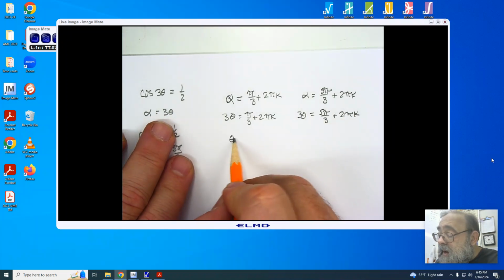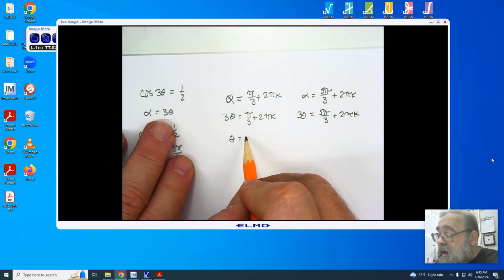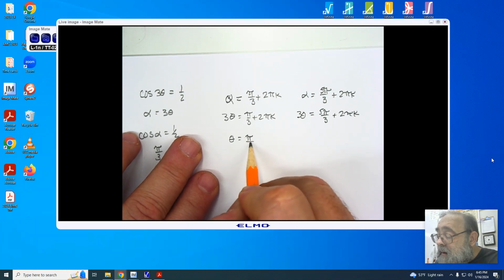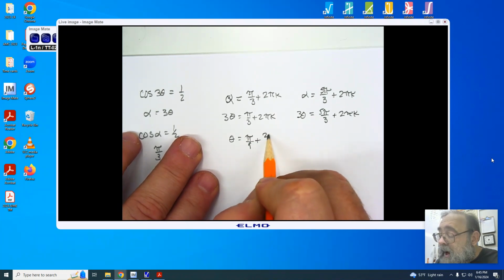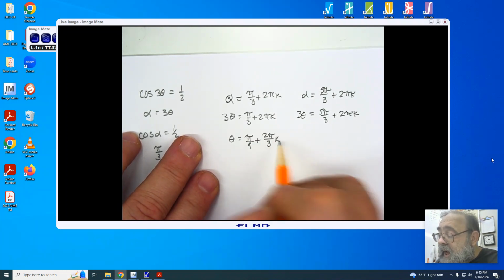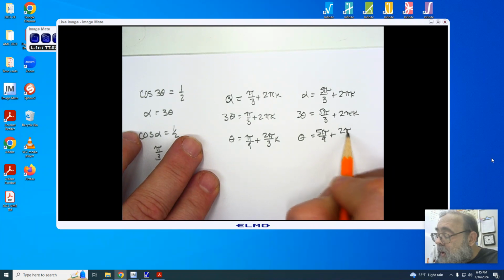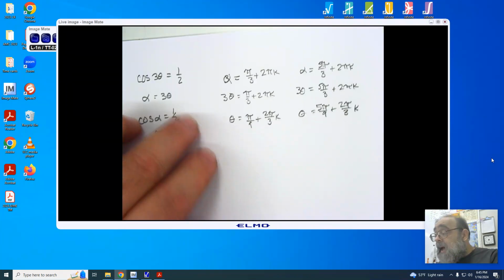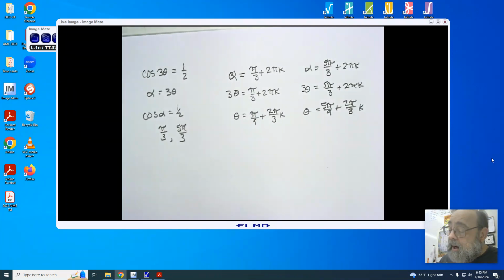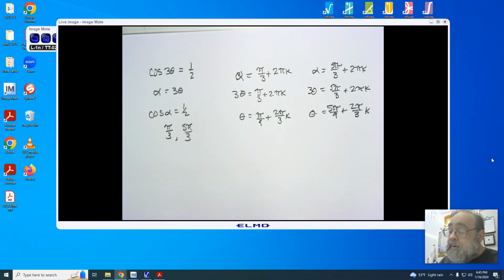Dividing by 3, theta is going to end up being pi over 9 plus 2 pi over 3 times k, and theta equals 5 pi over 9 plus 2 pi over 3 k. And I can now go to plugging in k equals 1, 2, 3.